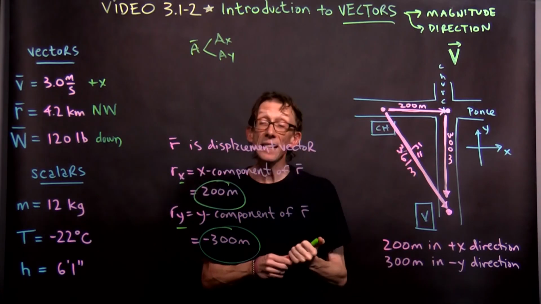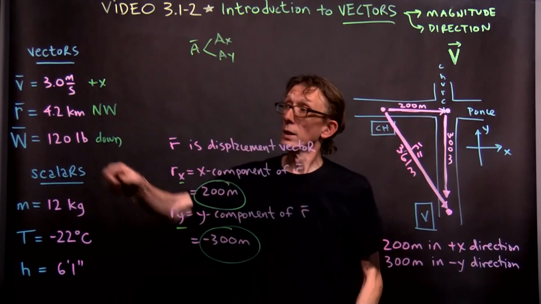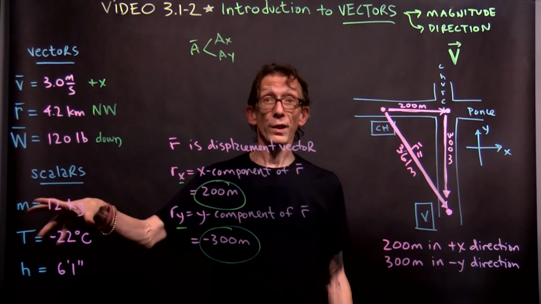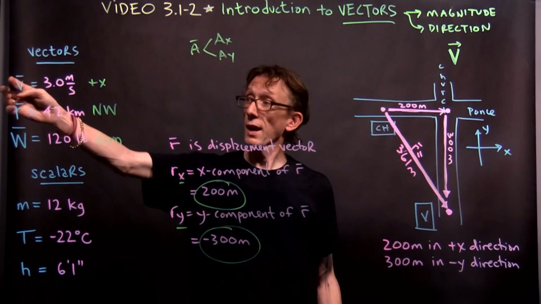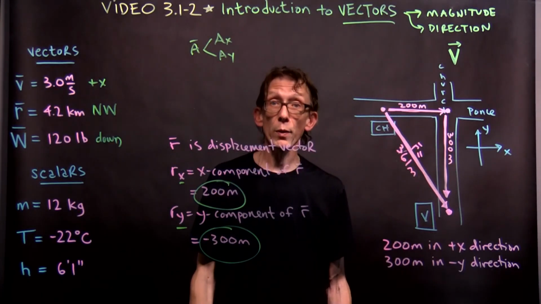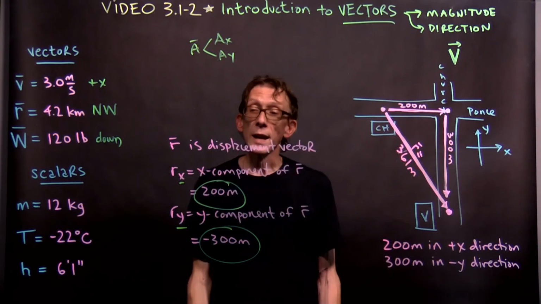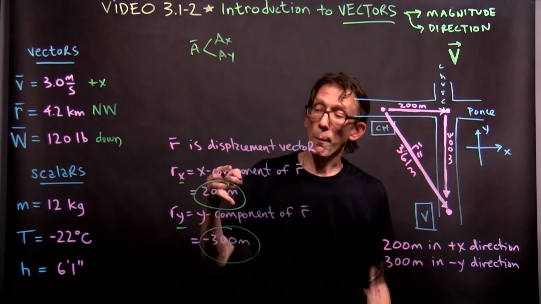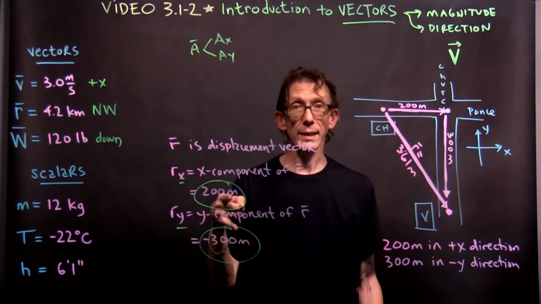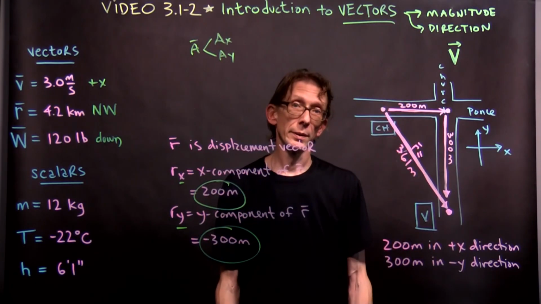So the big ideas in this little video: vectors and scalars are different. That's review. We indicate vectors by putting bars over them; the textbook uses arrows. And then we have the idea of the components, which is really the new idea here, the x parts and the y parts.